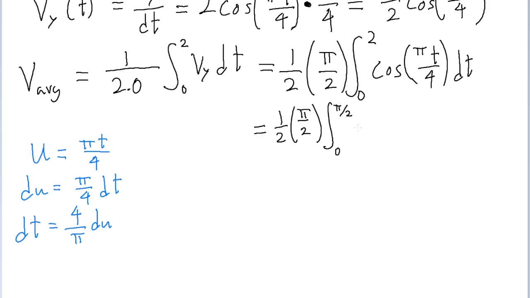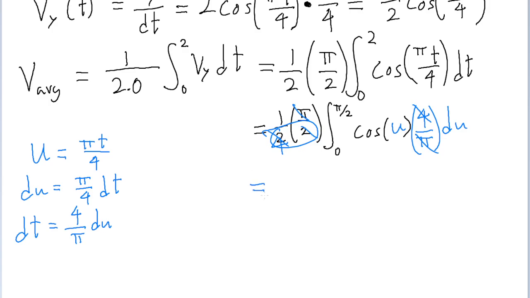And the actual contents of the integral are the cosine of u, multiplied by 4 over pi du. To simplify this further, we're going to cancel out the pi's, and the 4 will cancel out with the 2's, since 2 times 2 equals 4, and 4 divided by 4 is just 1.